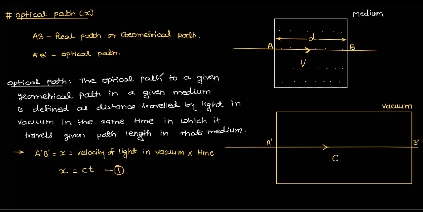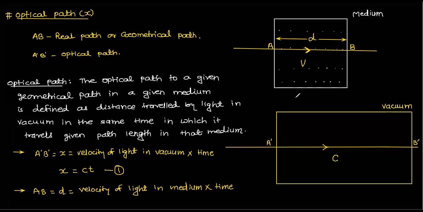Now I want AB. See here, I want AB now. So AB is equal to velocity, or you can write D if you want, because we have denoted it with D. So AB is equal to D, which is equal to the velocity of light in medium into time.